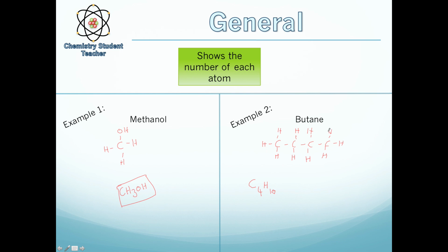So you either count 4, 4, and 2, which makes 10, or you can use the formula for a hydrocarbon alkane, where it's CnH2n+2. So the general formula for butane will be C4H10. You'll be able to find many examples online that you can practice if you wish, but again, you would have met this one at GCSE, so you've probably had a fair bit of practice already.